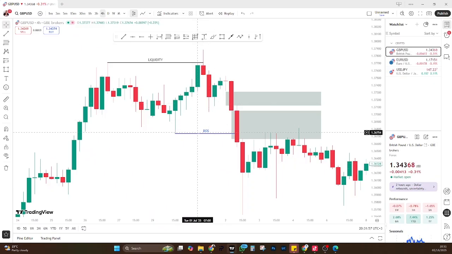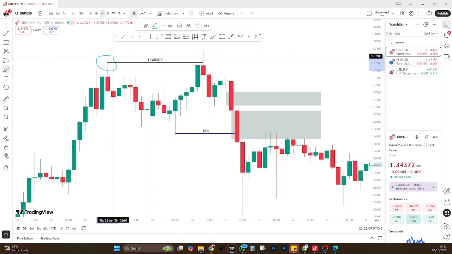It broke structure here. So three things have been answered here. Number one, the liquidity was taken out. This one. This is what we're calling liquidity. Number two, the market structure was broken here.